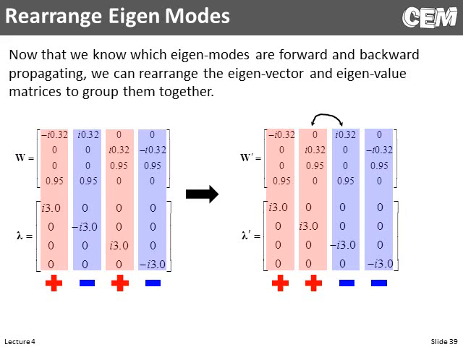So we're sorting the eigenmodes so that all the forwards are on the left and all the backwards are on the right. Within the forwards, we don't care about the order. We just want the first half of the columns to be the forwards and the second half to be the backwards. Make sense? And don't worry, you're not actually going to have to do this. In our next lecture, you won't have to do this.